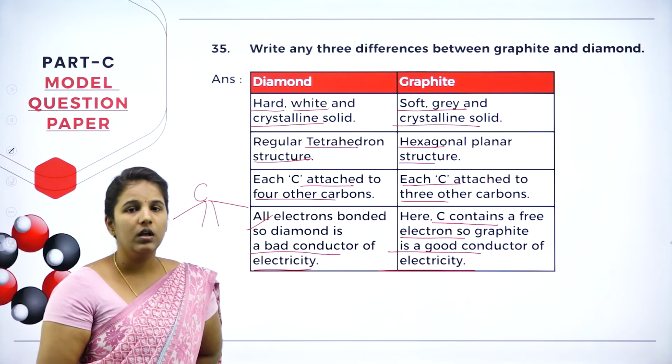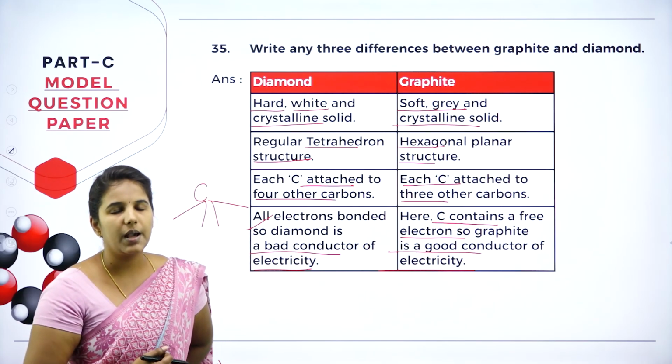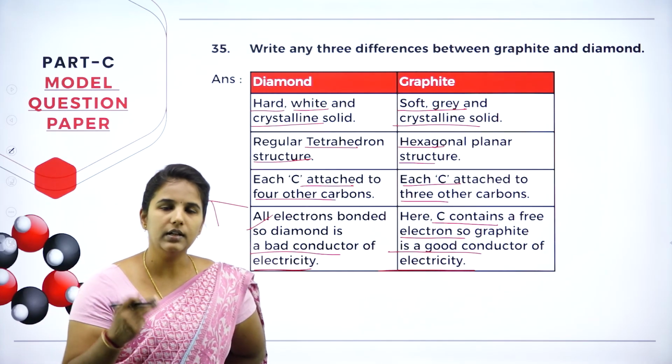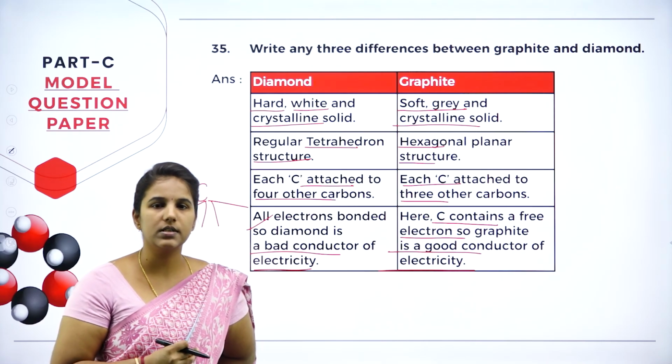This is how, if you write 3 differences between graphite and diamond, you can easily get the 3 marks. Any 3 proper differences you must write.